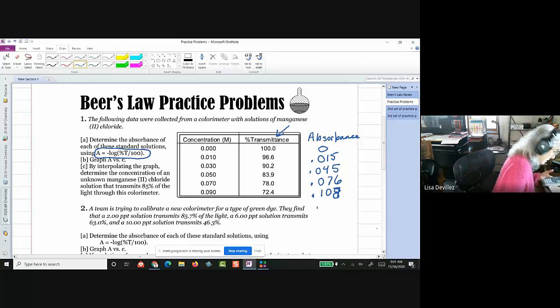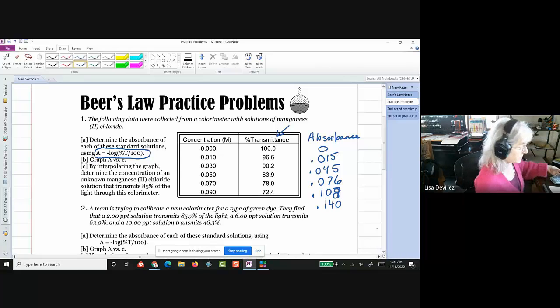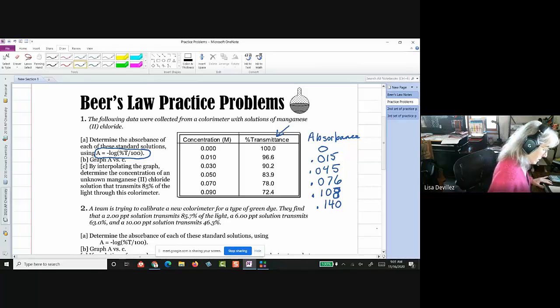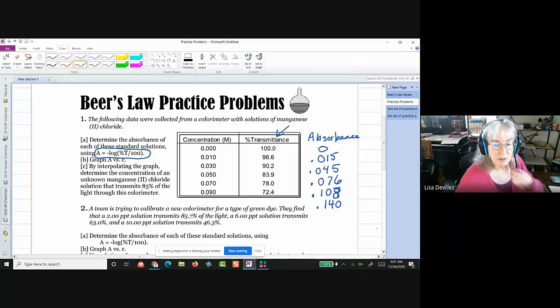So if they give us transmittance, then we have that extra step of putting that into there. Okay, so let's do our plot with this one.